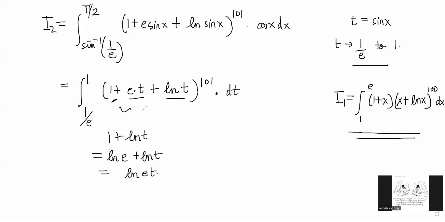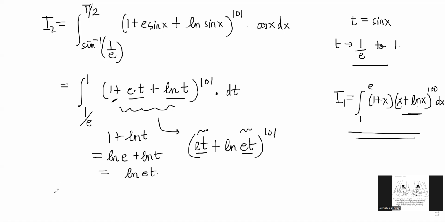And therefore, this expression can be written as (et plus ln et) whole to the power 101, right? So at least that makes the whole thing slightly similar to this, because you can see here also there is x plus ln x. Here I have et plus ln et, right? So basically that gives me the hint that maybe I should take et as my variable.